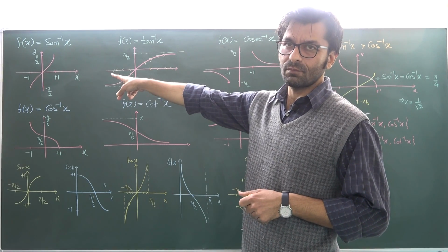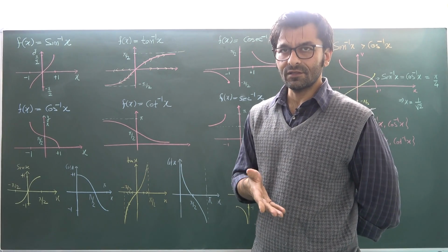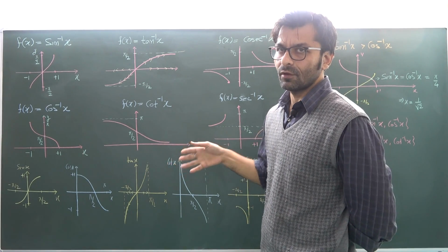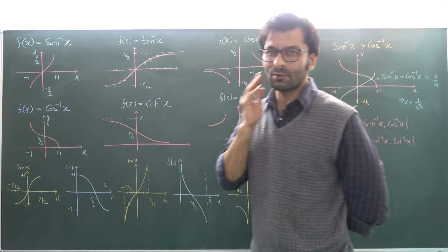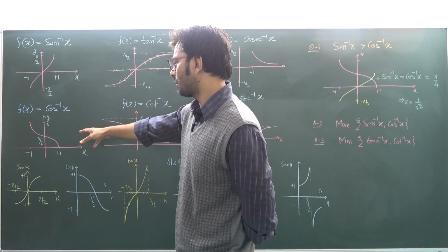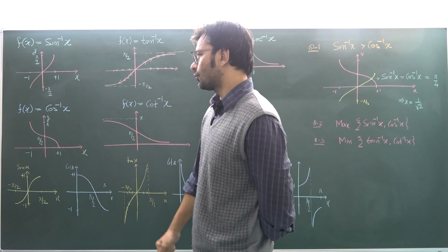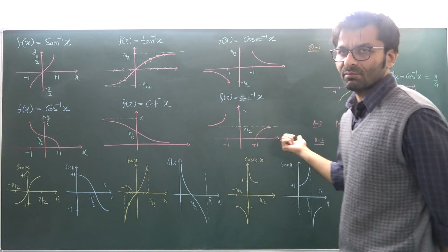So sine inverse x: minus π by 2 to π by 2. Tan inverse x: exclude endpoints, meaning minus π by 2 and π by 2. This excludes 0, the midpoint. This is for the purpose of objectives, very quick objectives, nothing impressive about it. Sec inverse: 0 to π, exclude endpoints, 0 to π except 0 and π, exclude midpoint.